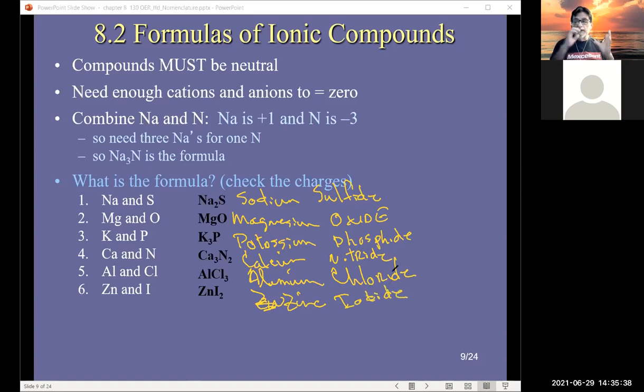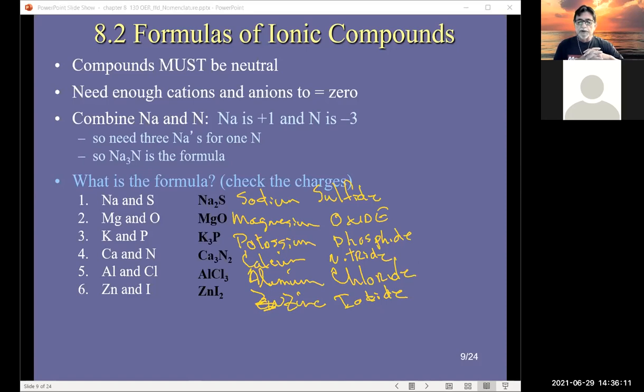Okay, notice the anion name changes. Sulfur went to sulfide, oxygen went to oxide, phosphorus to phosphide, etc. The metal name remained. Also notice something, we did not use any Roman numerals here. Why is that? Because all the metals here are part of the sweet 16. They have a known 100% of the time oxidation state.